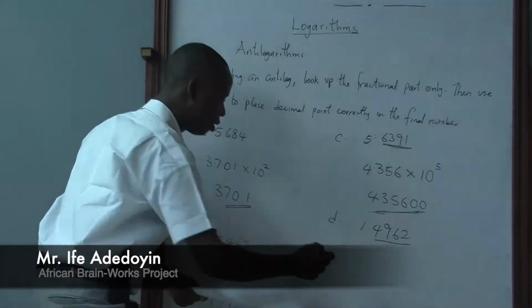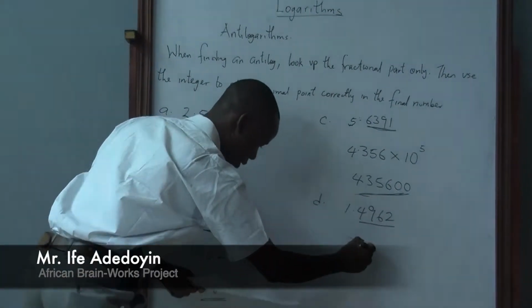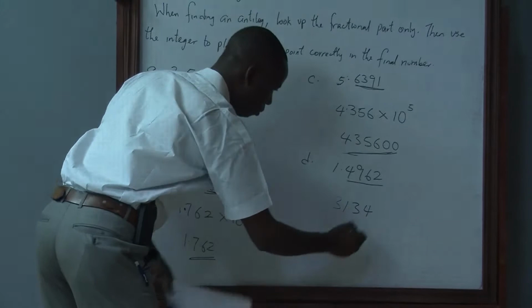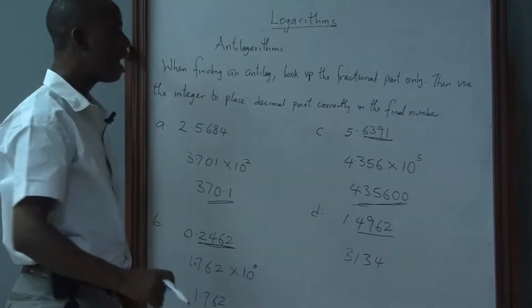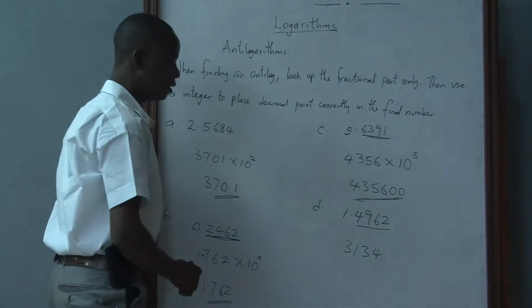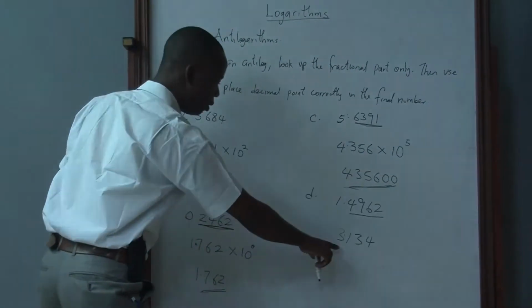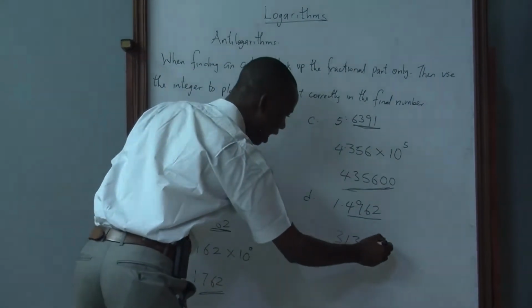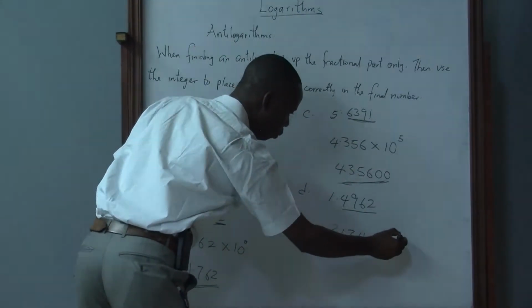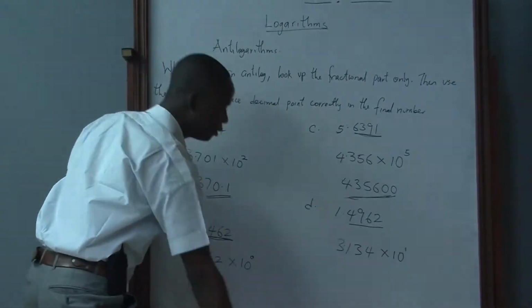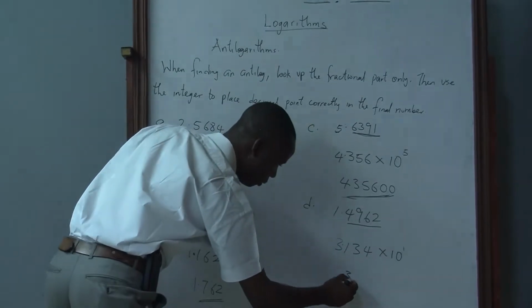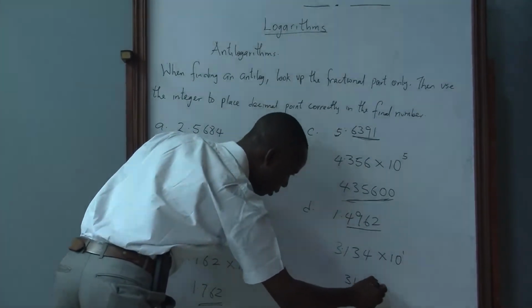And the value we're going to have there will be 3134. To have the exact value, as though we're writing it in standard form, 3.134 times 10 raised to the power of 1. And in this situation, the final value there will be 31.34.